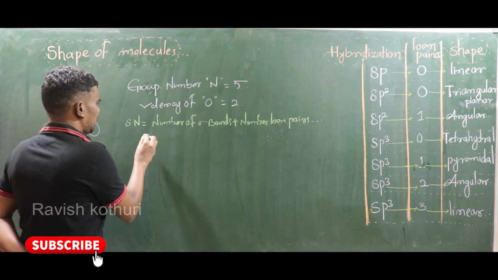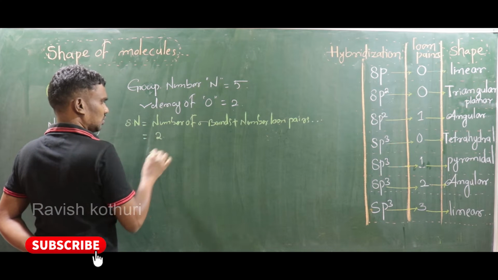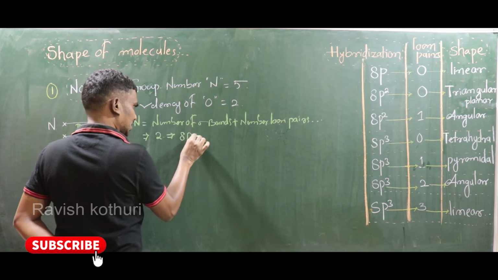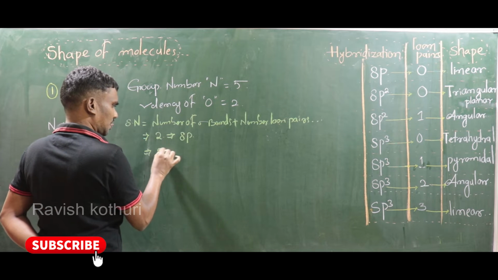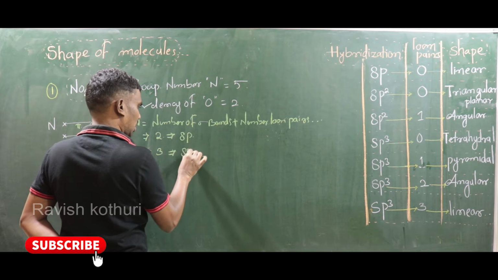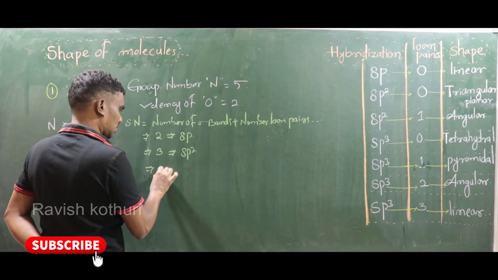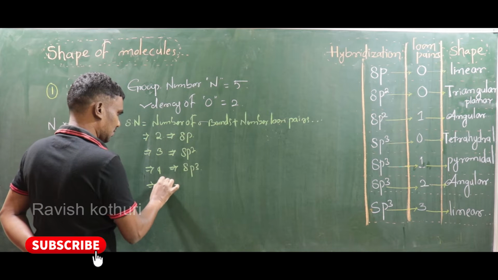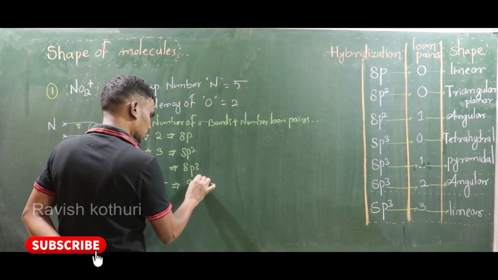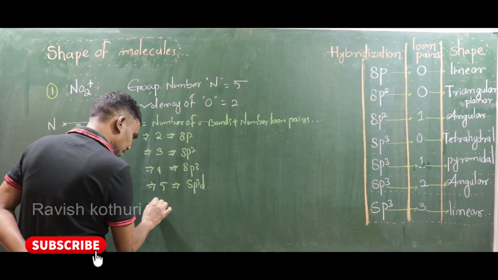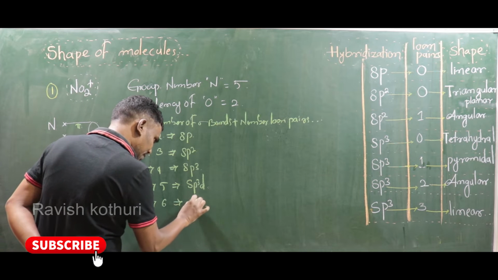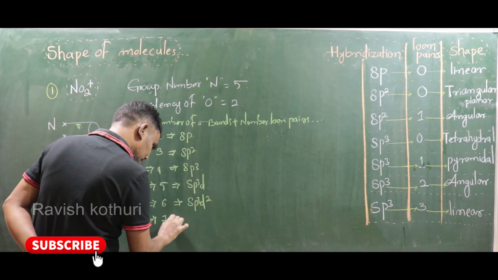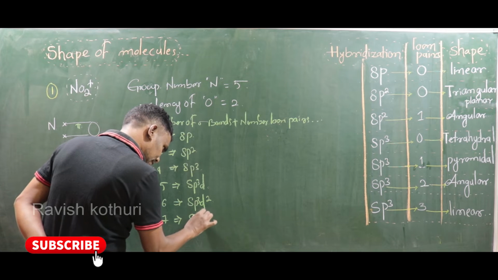If the steric number is 2, what is the hybridization? sp hybridization. If the steric number is 3, sp2 hybridization. If the steric number is 4, sp3 hybridization. If the steric number is 5, sp3d. If the steric number is 6, sp3d2. If the steric number is 7, sp3d3.